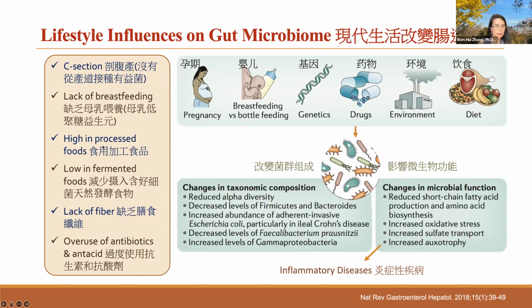And people live a lifestyle with high processed foods, fast foods, restaurant foods, low in fermented foods, lacking dietary fiber. Fiber is found in a plant-based diet. And overuse of antibiotics and antacids. Those all could have a negative impact on our gut microbiota, and that would lead to inflammatory diseases.